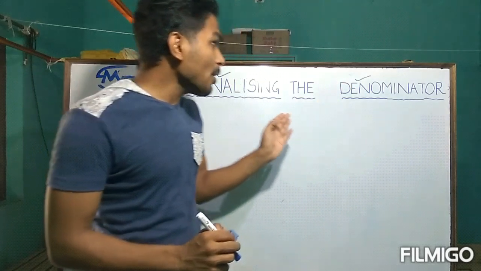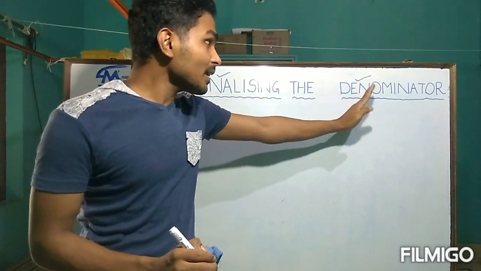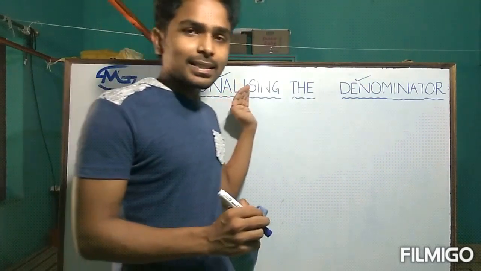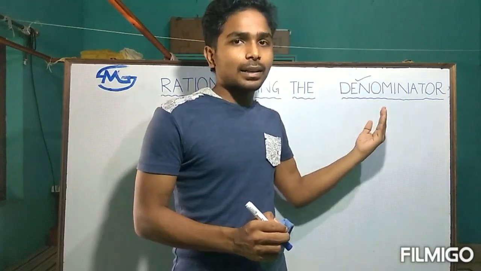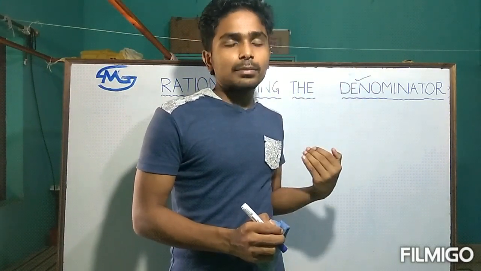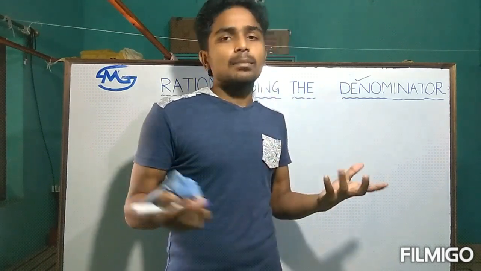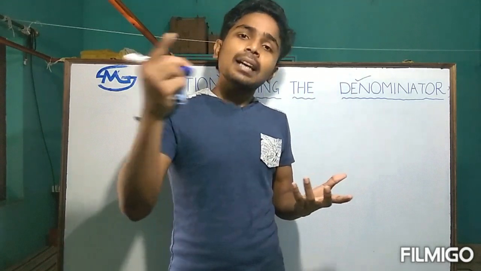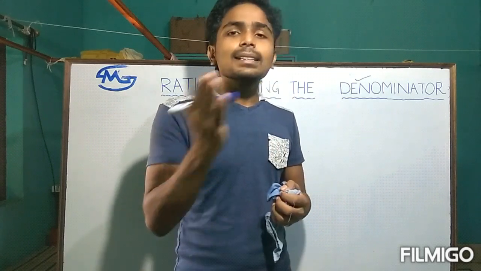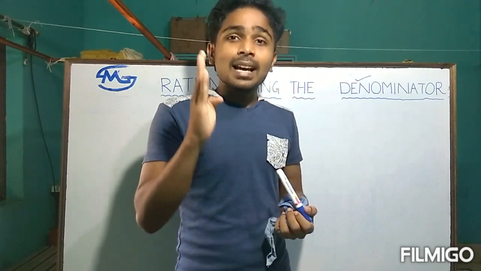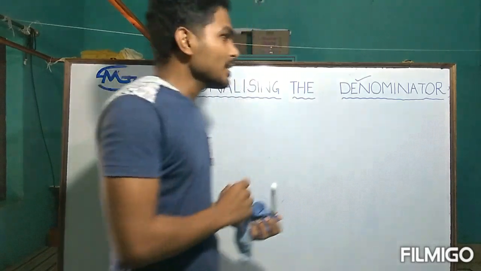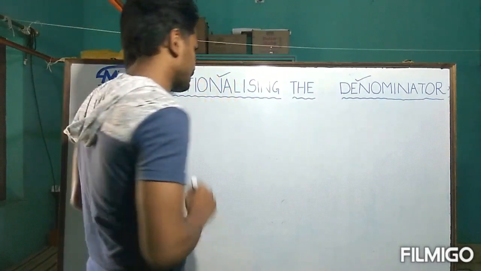In this chapter, we will make the denominator into its rational form. That means if the denominator is in irrational form, then we have to make it rational, and that is known as rationalization. Let us start with an example.